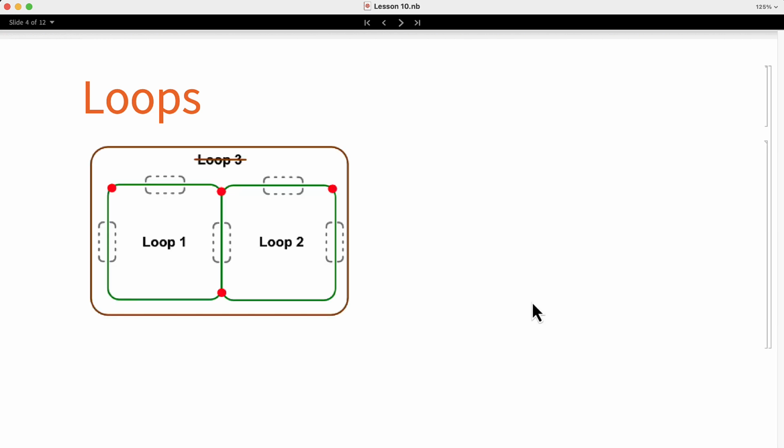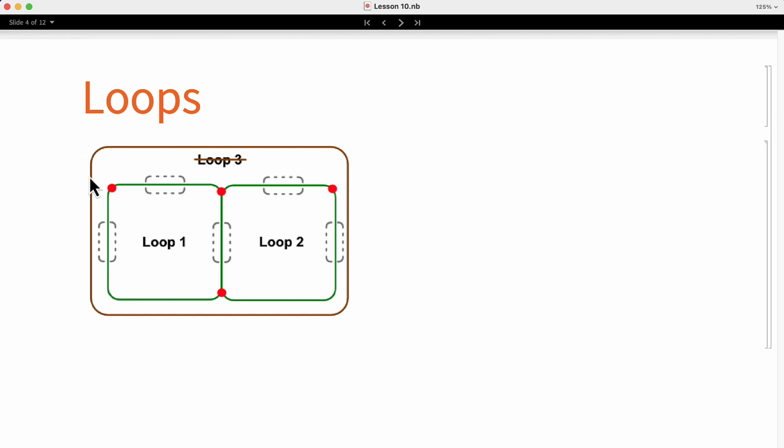Another challenge when determining the loops is that sometimes some loops should not be considered. For example, here we have this loop 3. We can start at this point, moving here, here, here, and then going back. Why is this not a loop that we should consider? The reason is that every jump that we perform already belongs to a smaller loop.